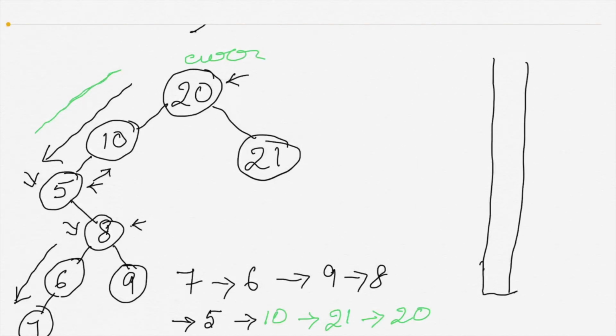From the current node we came down all the way to the left. So let's put all the nodes on this path to the stack. So 20, 10, 5.